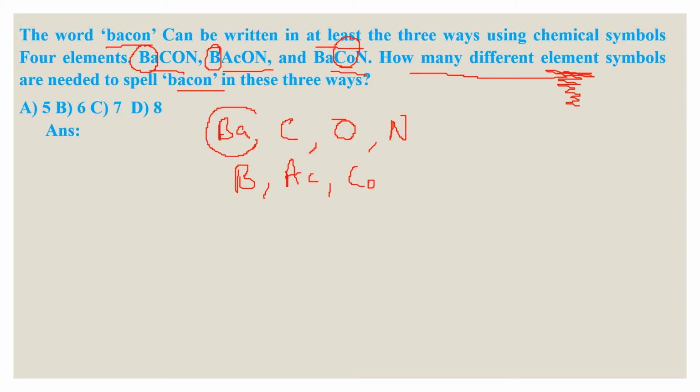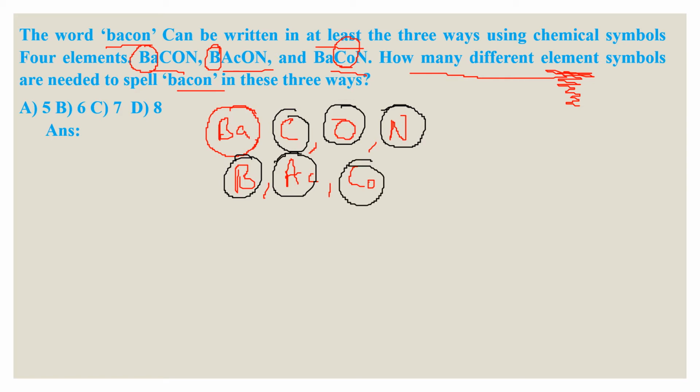Barium, carbon, oxygen, nitrogen, boron, actinium, and cobalt. The total is 7. So based on the formula, a total of 7 different element symbols are formed. Total 7 is the right answer. Please go through the question properly. So here you will get the answer, that is C.